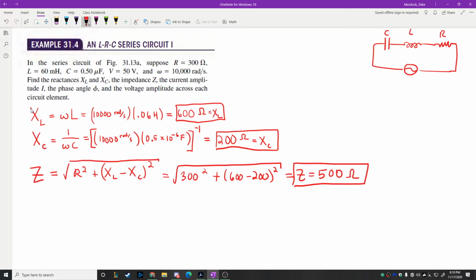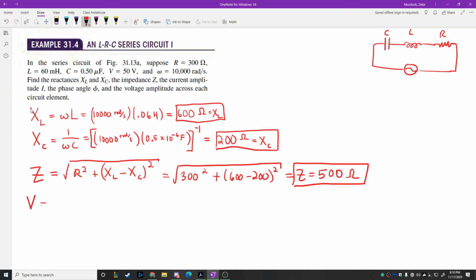Okay, the current amplitude I. Here's the first one where you have to actually maybe use a little bit of brain power. How do we find the current? What could we do? V equals IZ, that's exactly right.